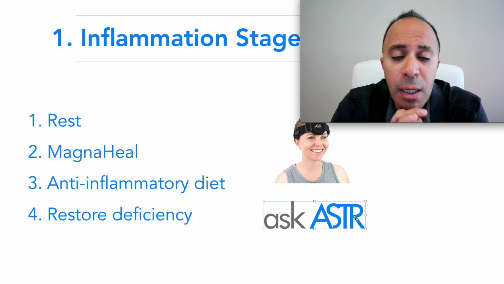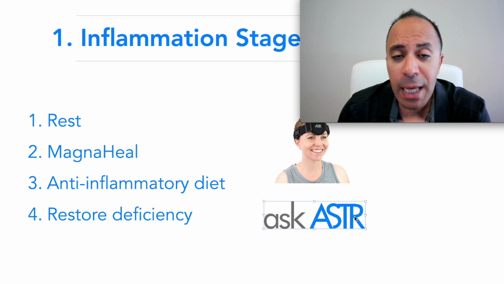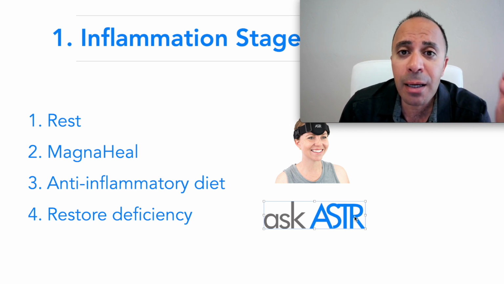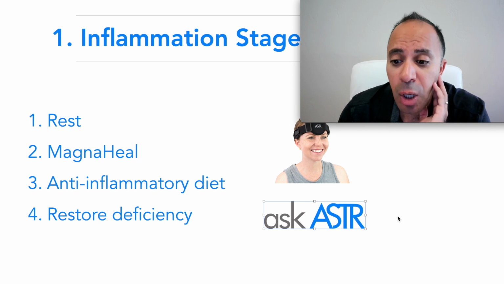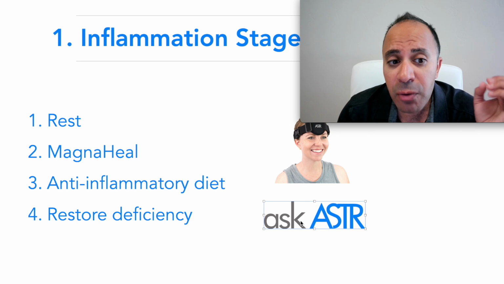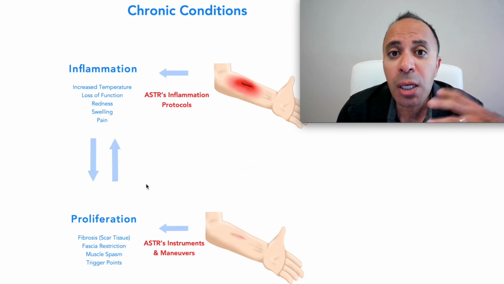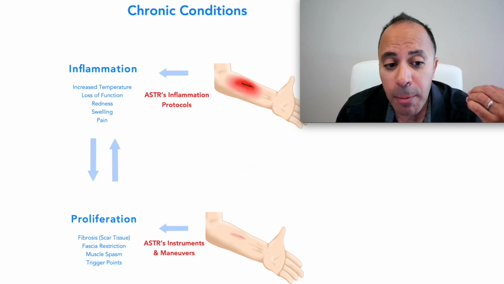The software usually takes about 5 minutes to answer those questions. The good news is it has a 9 healthcare provider database, so it's an extremely comprehensive evaluation to help you with this process. So take advantage of that, especially if you are in a chronic condition that has a lot of inflammation and proliferation. You need to get to the root cause of the problem.